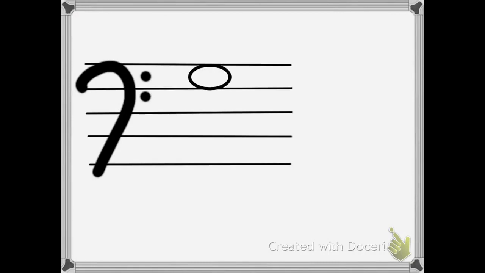If you said this was G, you're correct. If you said this was D, very good. If you said this was A, excellent, good job. If you said this was G, good job.